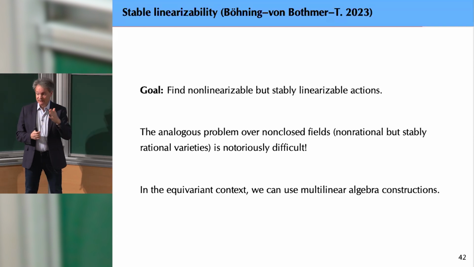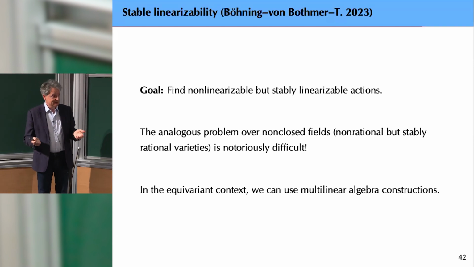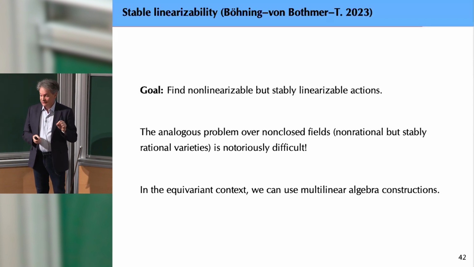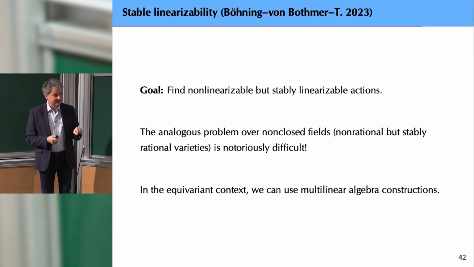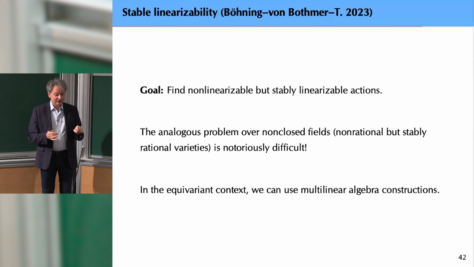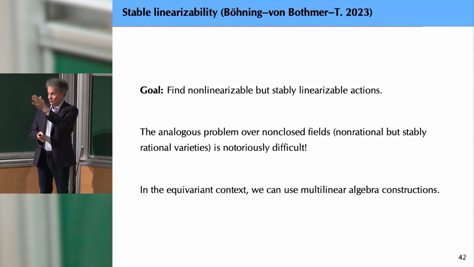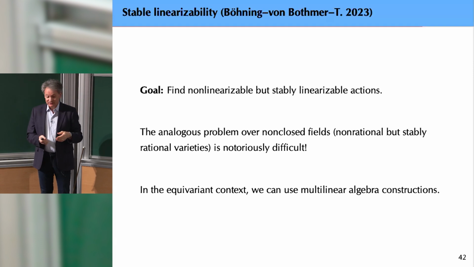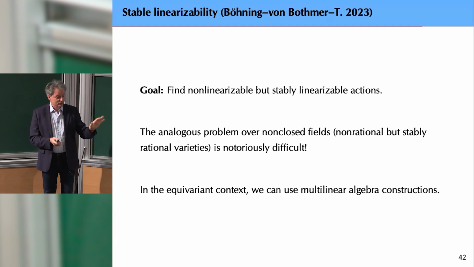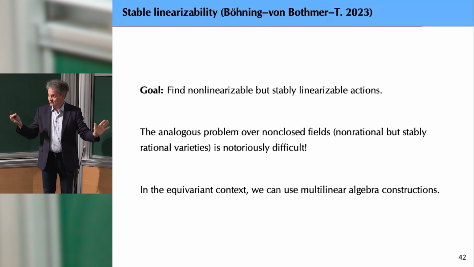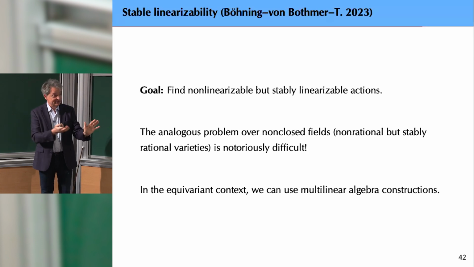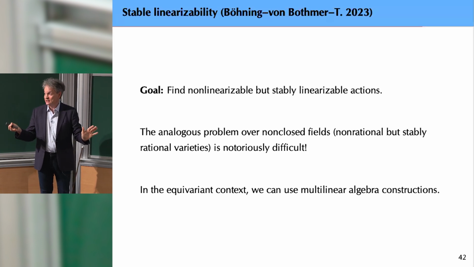You have a G vector bundle over an algebraic variety with a G action, and if the G action on the base is generically free, then equivariantly the total space of the G vector bundle is a product of the base with the fiber with trivial action. So this affine space of the corresponding dimension with trivial action.